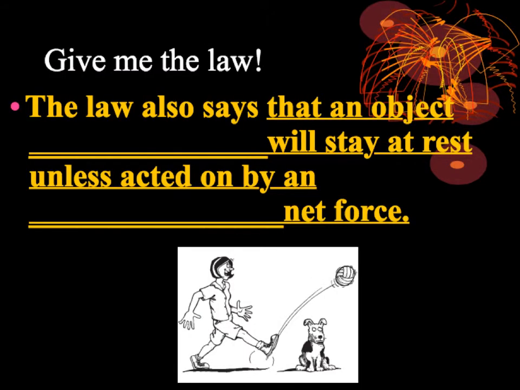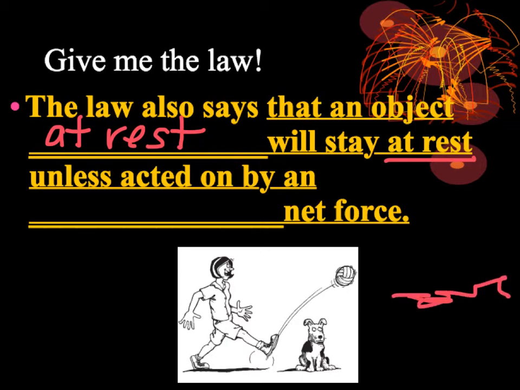Not only does the first law state an object in motion stays in motion, but we also know that an object at rest will stay at rest. If I have an object not moving, like this ball here, that used to be sitting on the ground, motionless, this object will stay at rest, again, infinitely, unless it's acted on by that unbalanced net force.